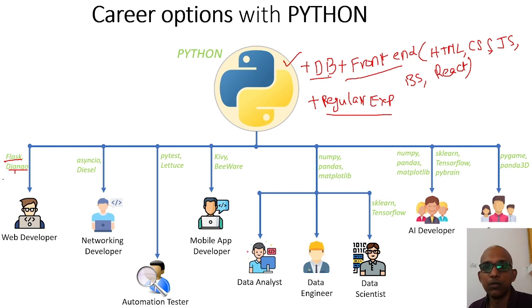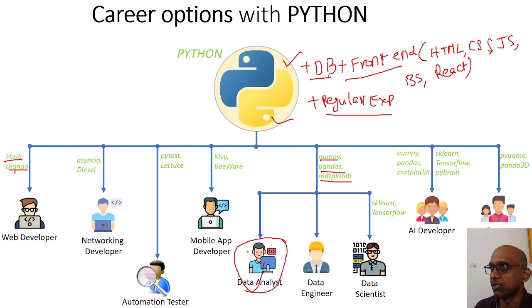As I already mentioned yesterday, if you want to apply for a data analyst job, you need to learn Python for sure, and also the NumPy, Pandas, and Matplotlib libraries.